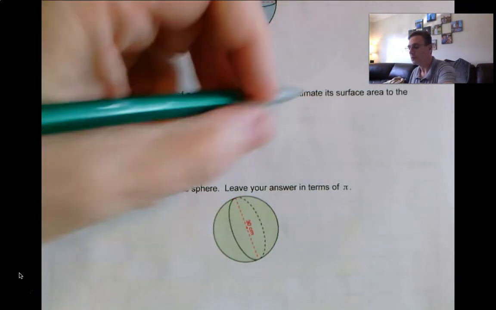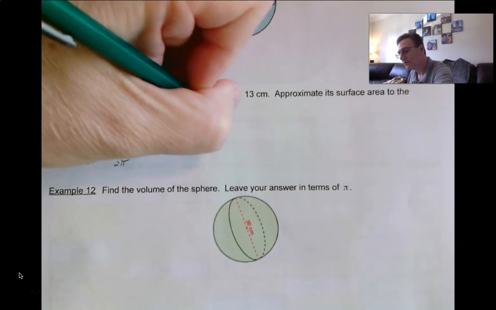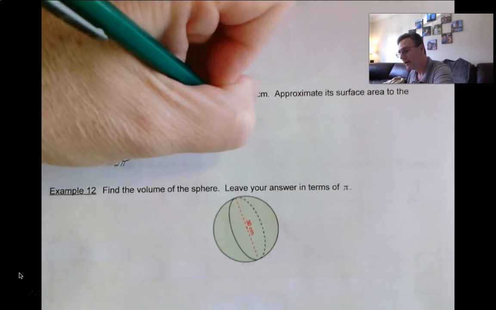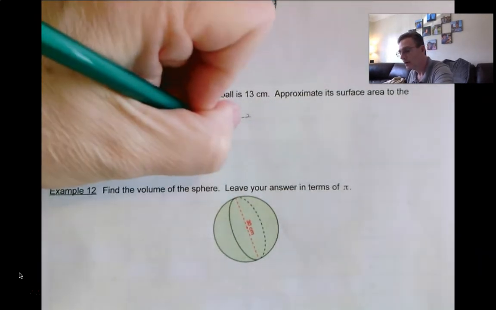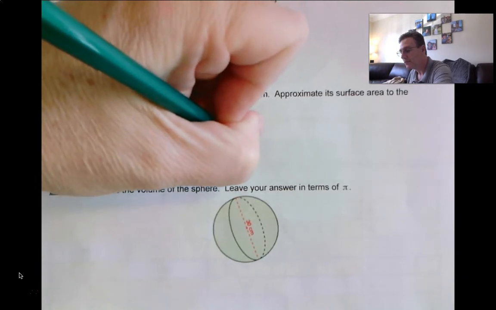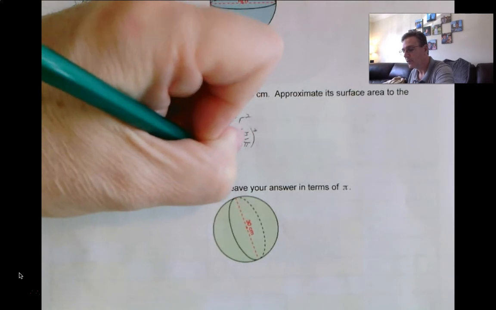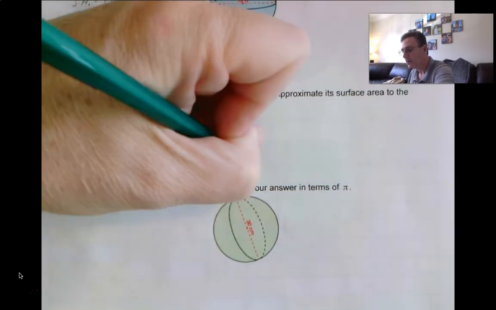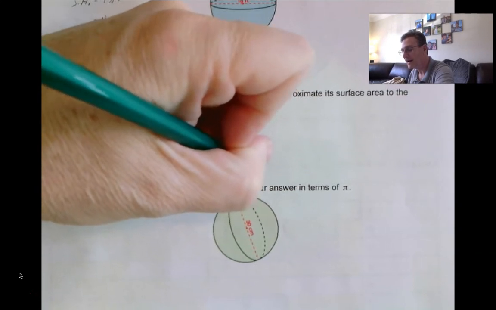Now we're going to go to our surface area. Surface area equals 4 pi r squared. 4 pi times 13 over 2 pi, squared. 4 pi times 169 over 4 pi squared.